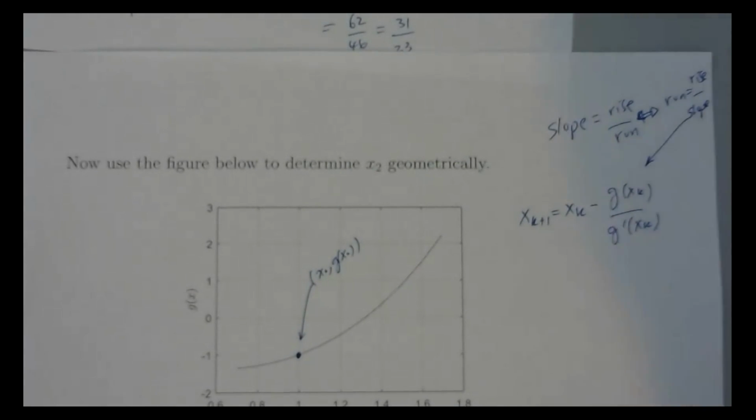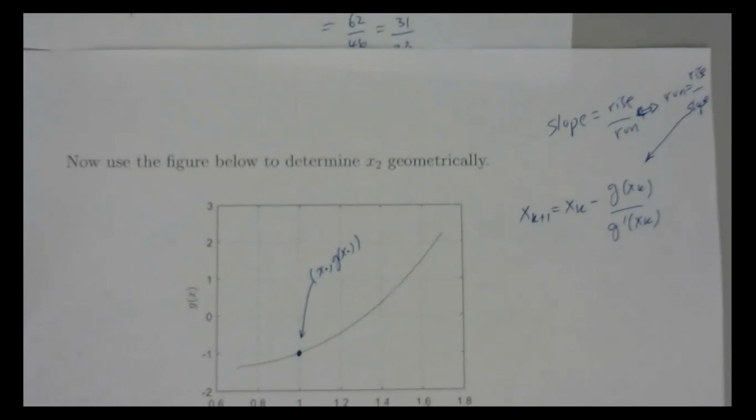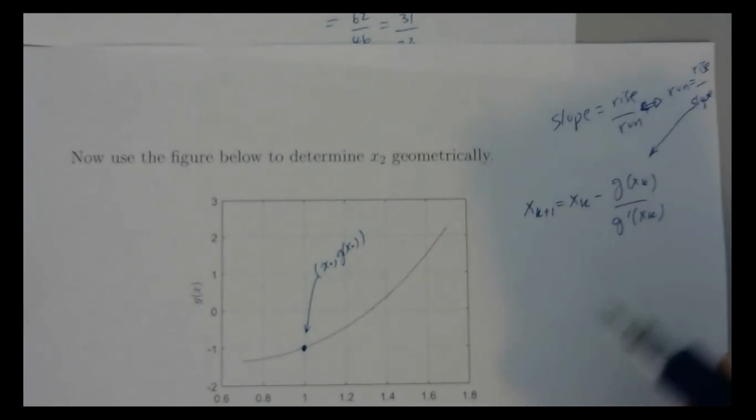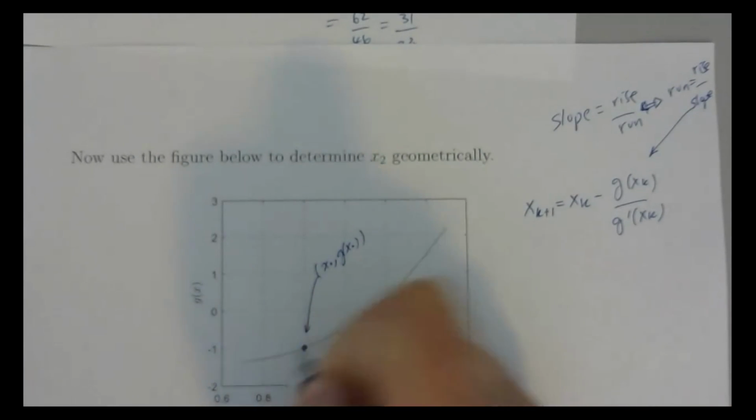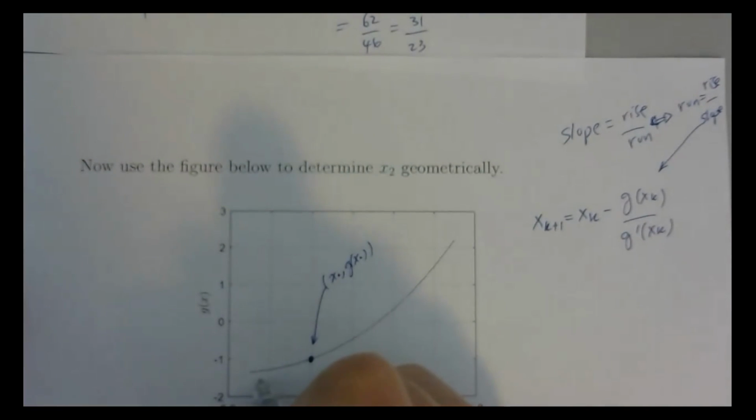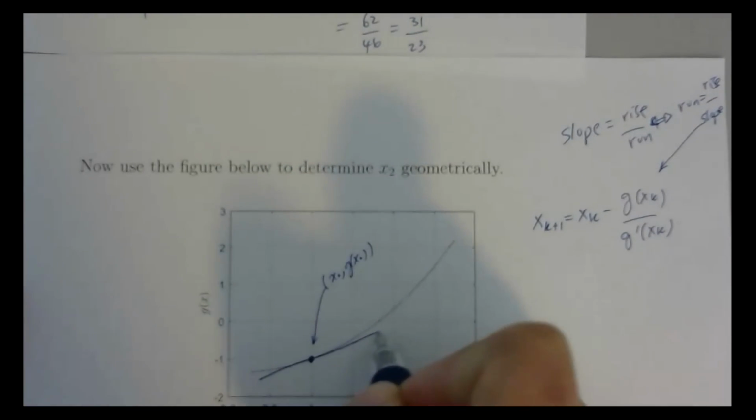This is the rise over the slope. What it means is I'm going to walk along the slope of the tangent line. How far? Until I go the distance of the functional value. So if I draw, okay, be gracious, let's see if I can draw a tangent. Looks kind of decent. Here's a tangent.